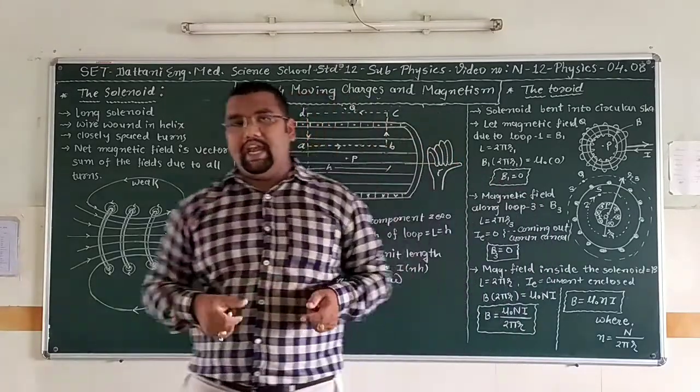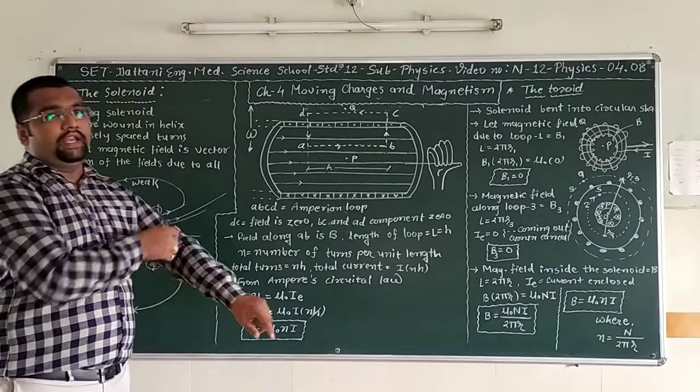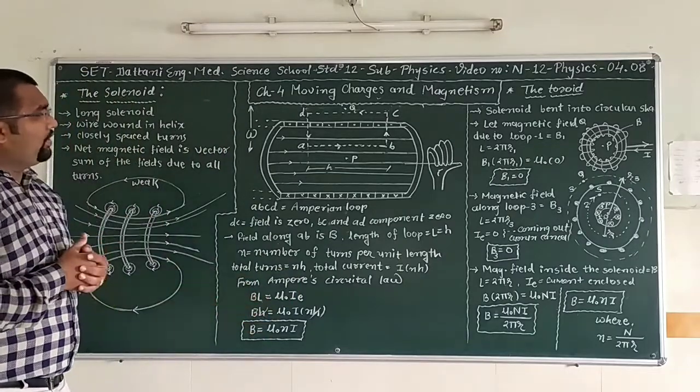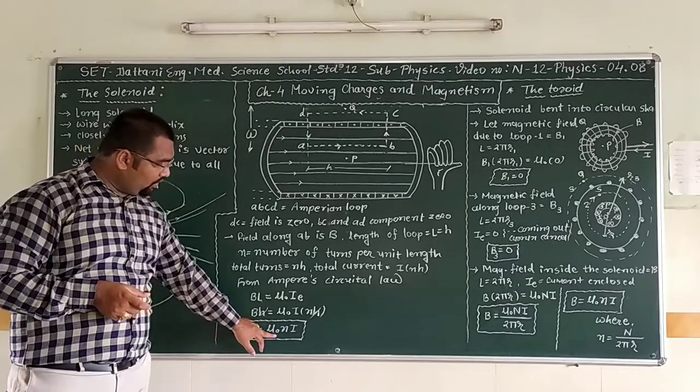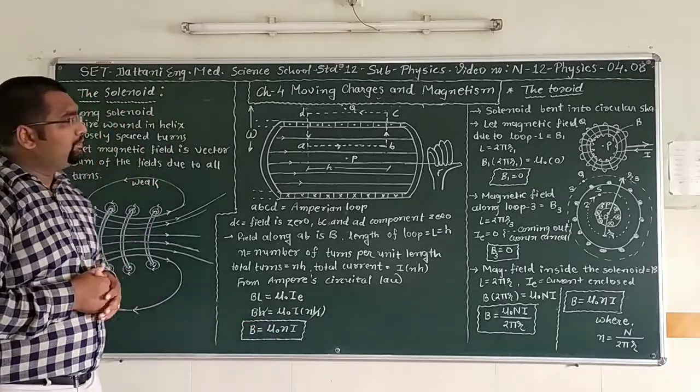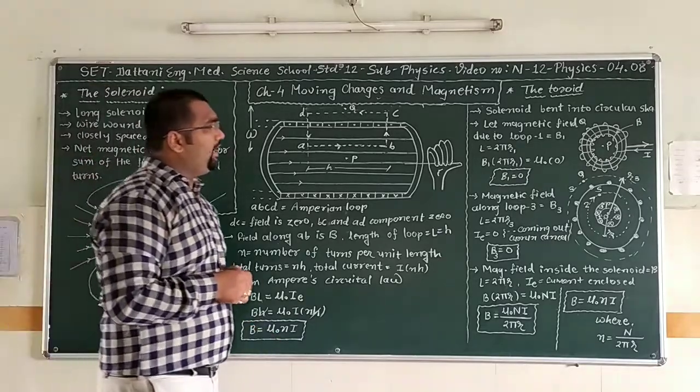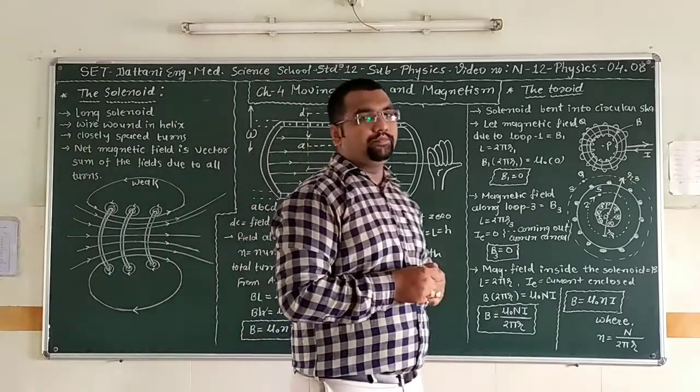So we can get the formula of the magnetic field produced by a solenoid, B equal to mu 0 n I. Now if we go forward, we will talk about the toroid.